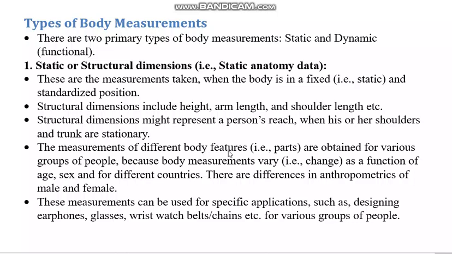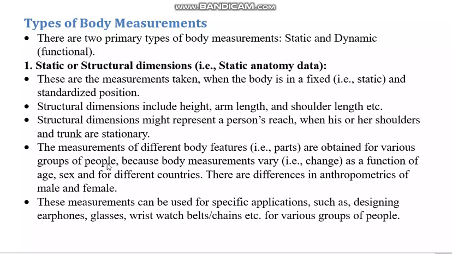The measurements of different body parts are obtained for various groups of people. If you see Punjabis, their dimensions may be different. If you go to the northeast, their sizes may be different. If you go to south India, their body parts may be different.